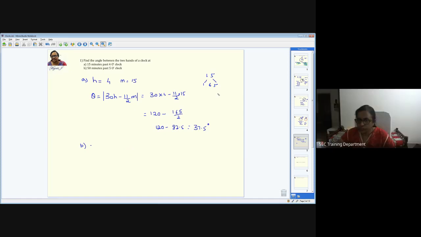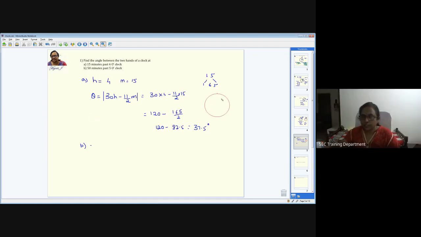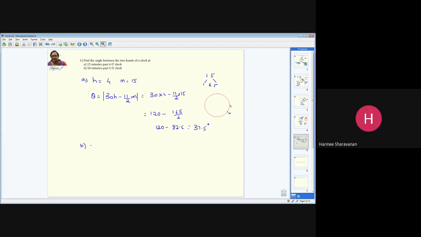So you can also have an idea about how the angle is going to be. Sometimes you might be going for a wrong answer. This is basically a clock problem, and you know how the clock is going to be. So from that you can derive it. When you say 4:15, the 4 is going to be somewhere here and the 15 is at 3.